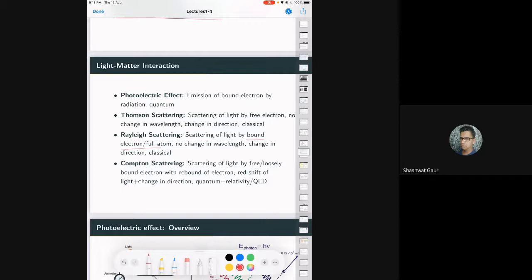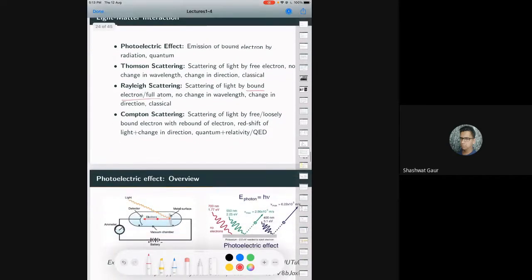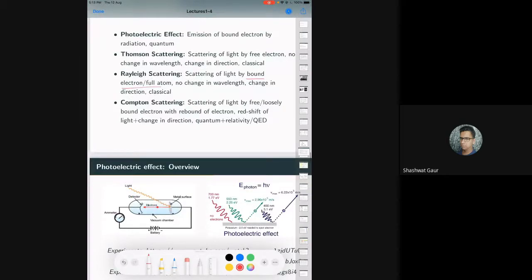And then there was a fourth phenomenon which was discovered much later. I mentioned it in the timeline, if you remember, which is called Compton scattering, which is the scattering of light by free or loosely bound electrons with rebound of the electron. It's scattered, so it changes direction, but the light also shifts in wavelength. Typically, there is a red shift, which means that its wavelength increases.